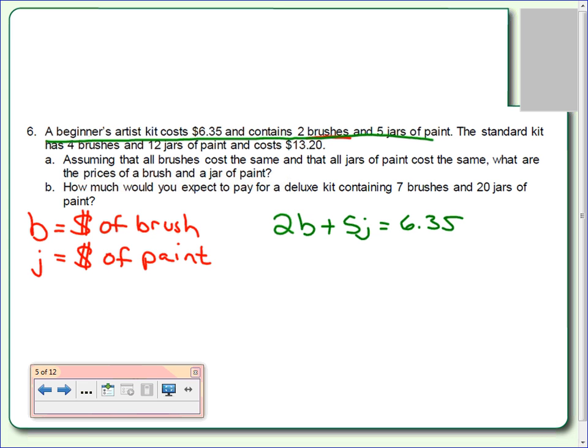The other one is very similar: 4 brushes, 12 jars of paint, and that costs $13.20. So 4B plus 12J equals 13.20. All right, now we've got the 2 equations. We've got our system set up. Now we're ready to find the answer.